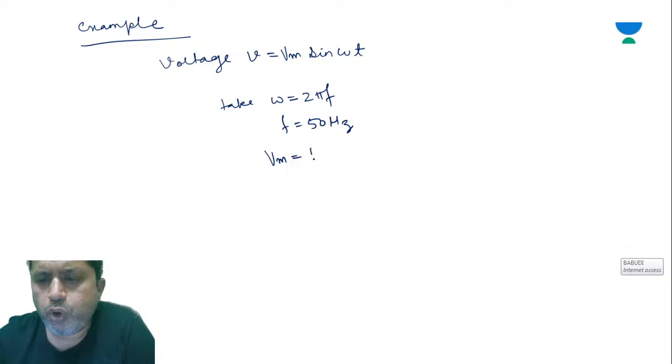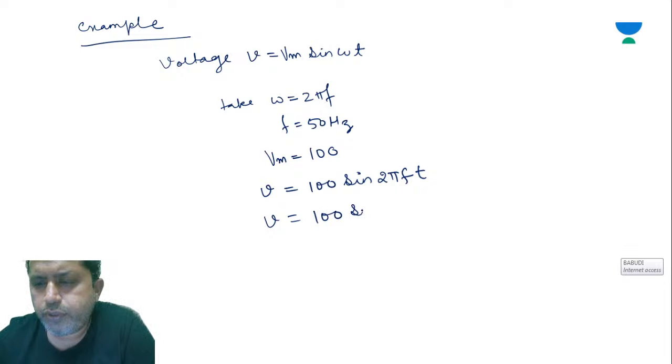Vm is equal to 100. Now the instantaneous value of V is 100 sine 2 pi f t, so V is equal to 100 sine 100 pi t.